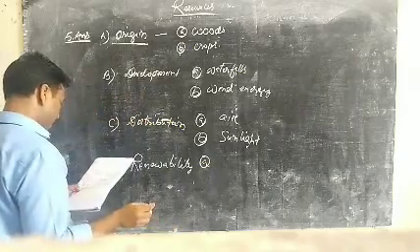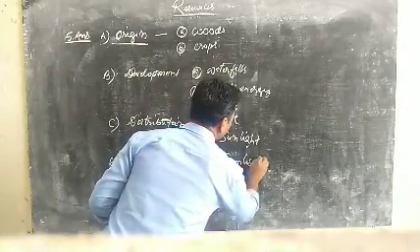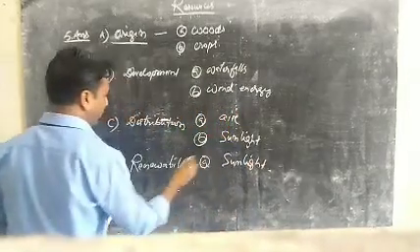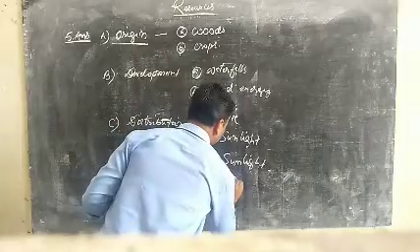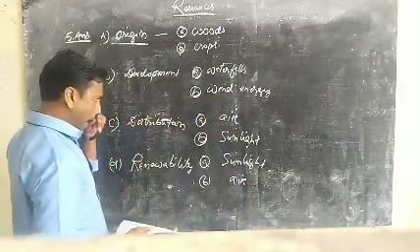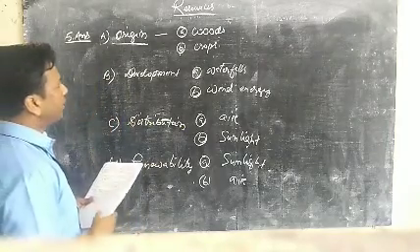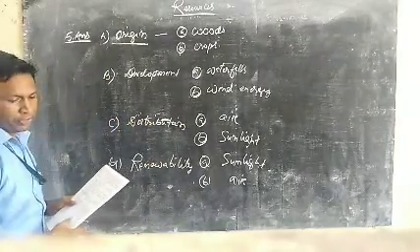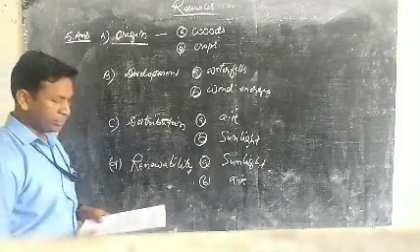Sunlight again, it can be renewed. B, air also is renewed for this. Immediately you can get it. So these are the sources you can write directly without much explanation of question number D5.